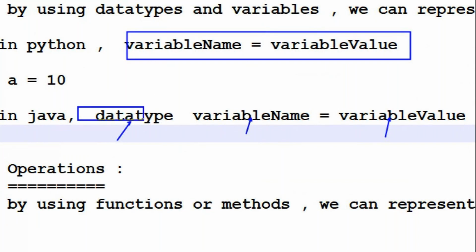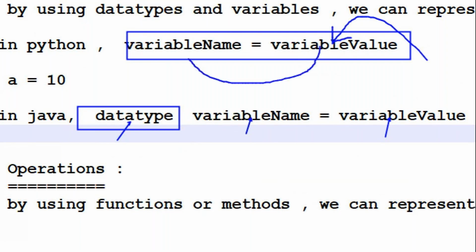Data type is not required. Why? Because Python is a dynamic programming language. Whatever value we use here, that type is assigned to this variable. Based on the value, it dynamically decides what type of data this variable contains.